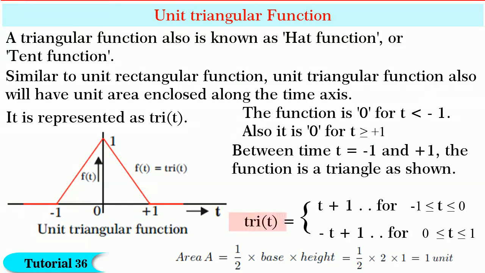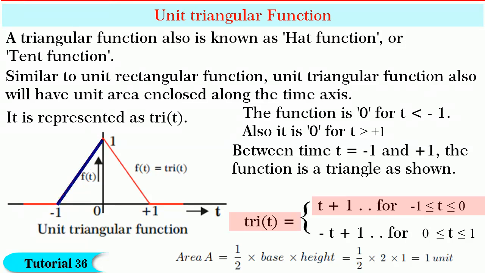Its mathematical model can be written as tri of t is equal to t plus 1 for t between minus 1 and 0, and minus t plus 1 for t between 0 and plus 1. Consider tri of t is equal to t plus 1 for t between minus 1 to 0.